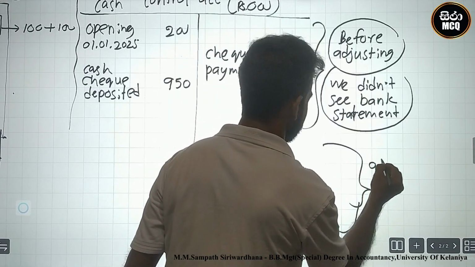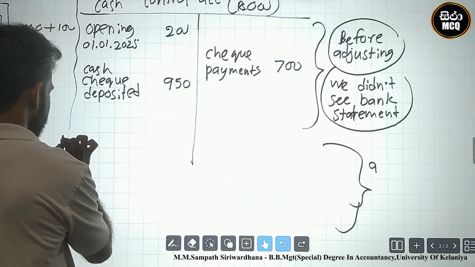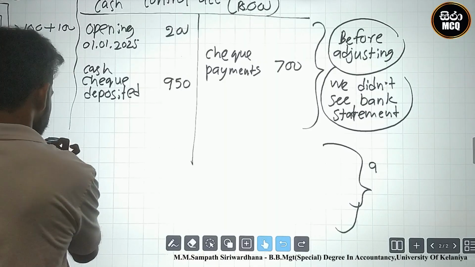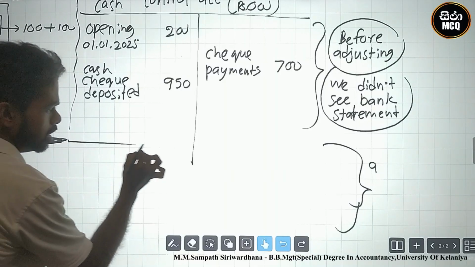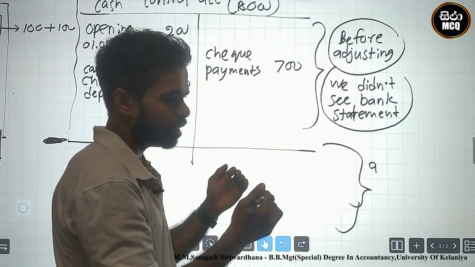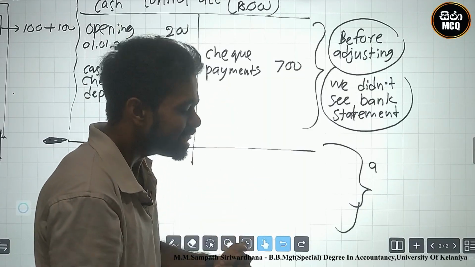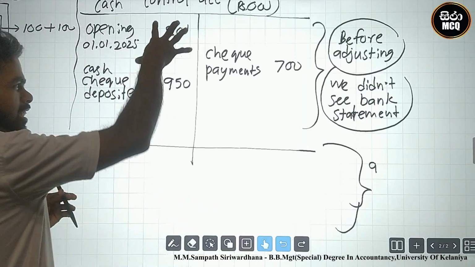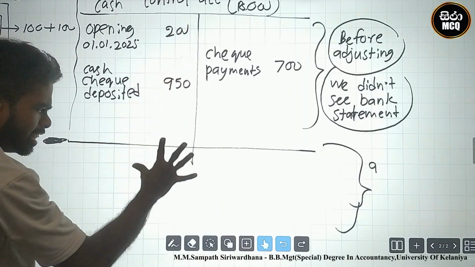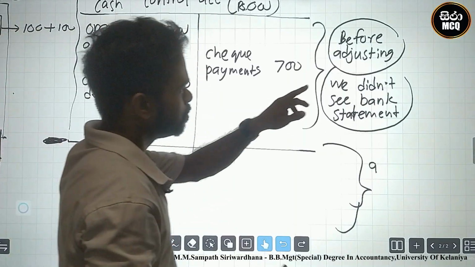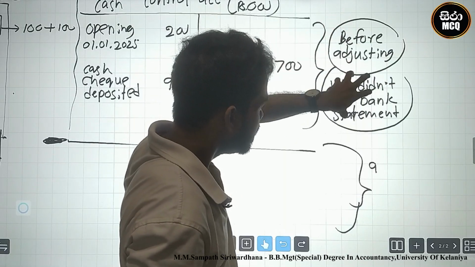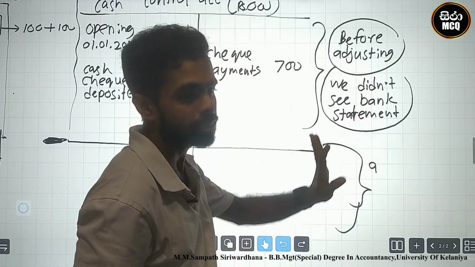This is the adjusting. After this area, I prepare again the cash control adjusting point. This is the non-adjusting area. This is the adjusting area. The non-adjusting area is we didn't see the bank statement.